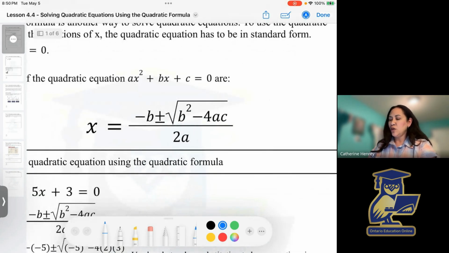In standard form, you would have ax squared plus bx plus c, and you'd be able to determine the coefficient of the x squared term, the coefficient of the x term, and the constant.